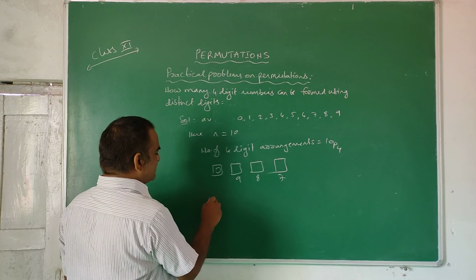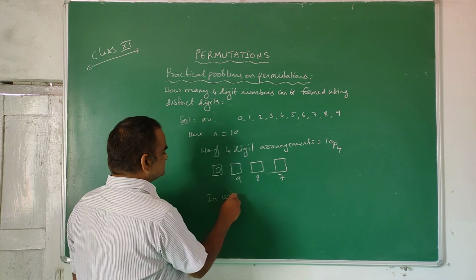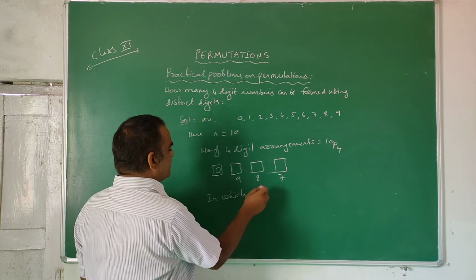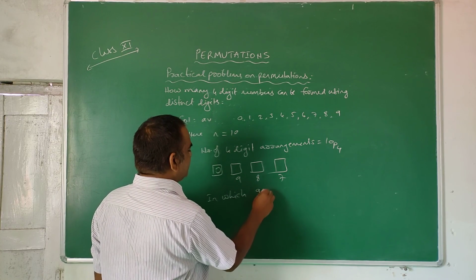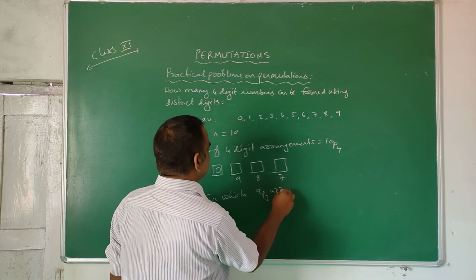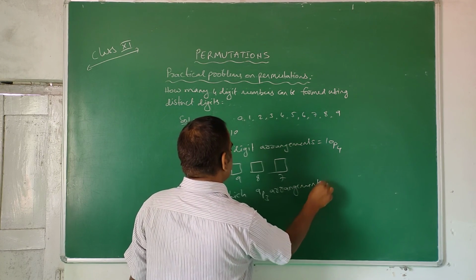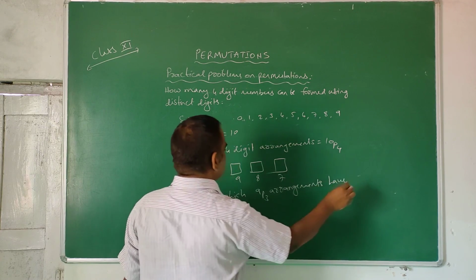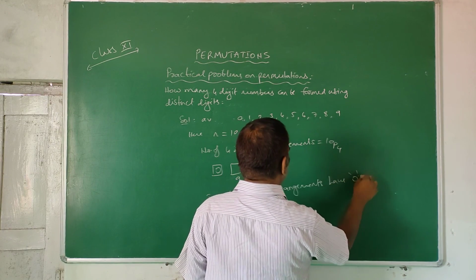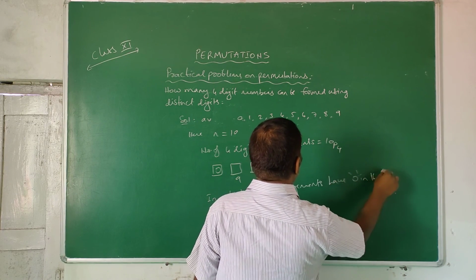So 9P3 arrangements have 0 in the thousands place.